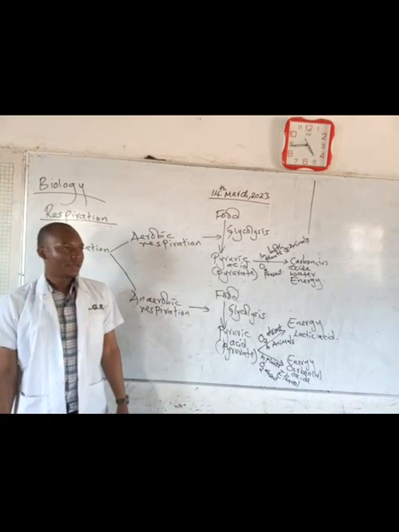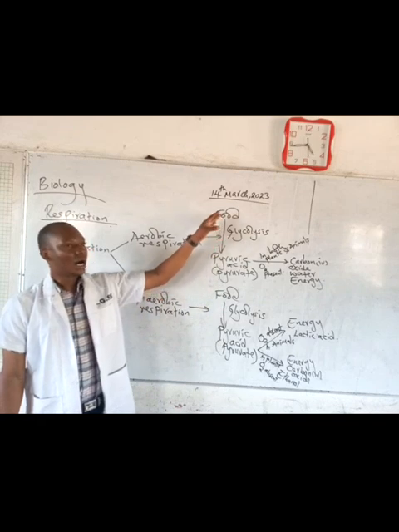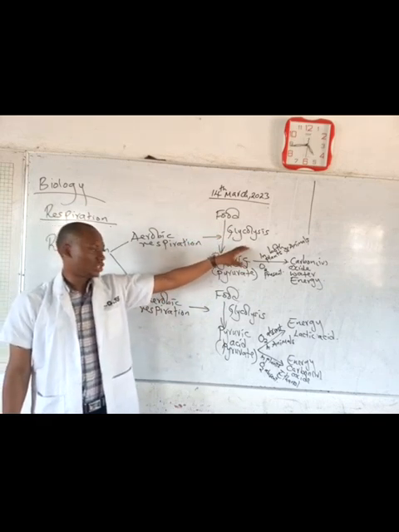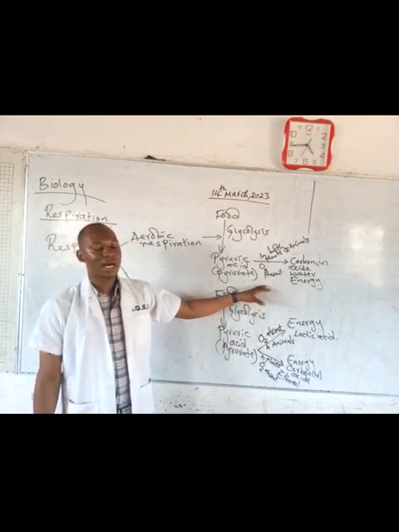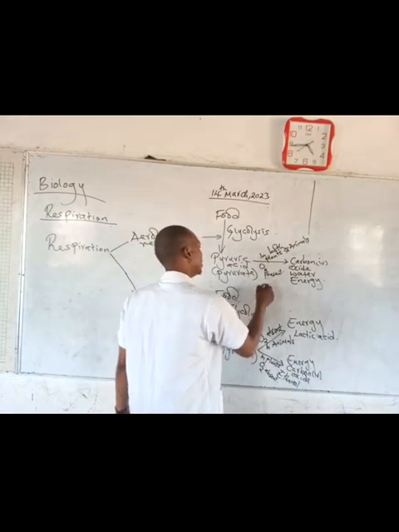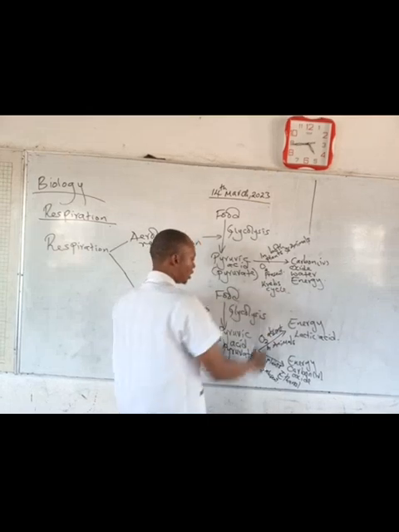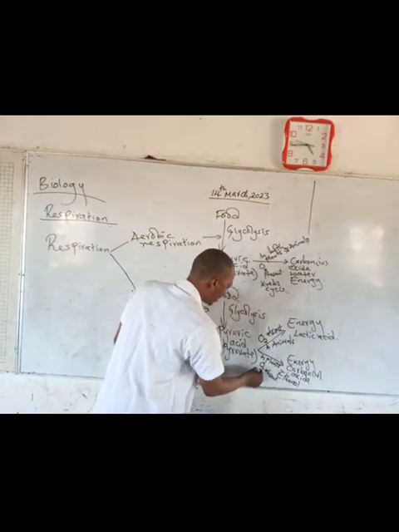For aerobic respiration, the first stage we have said is glycolysis, and the second stage will be called the Krebs cycle. Both of these occur in the Krebs cycle.